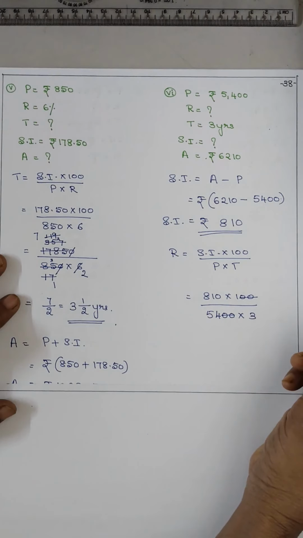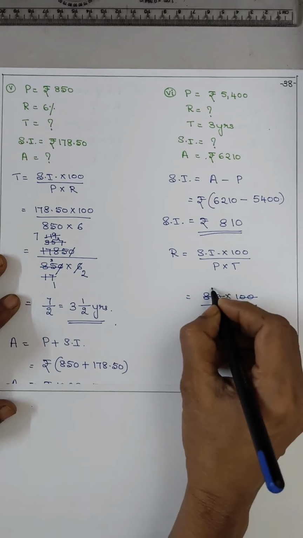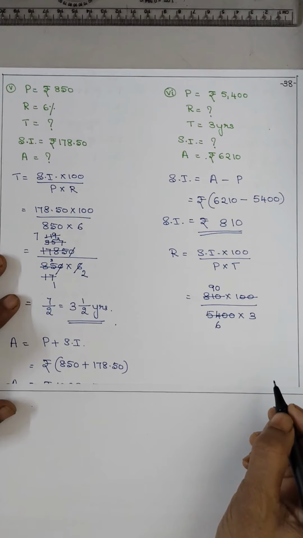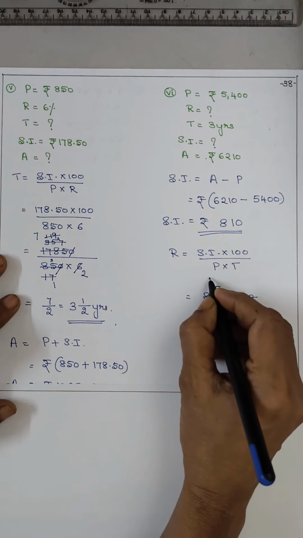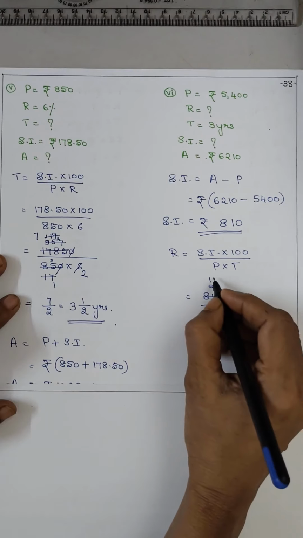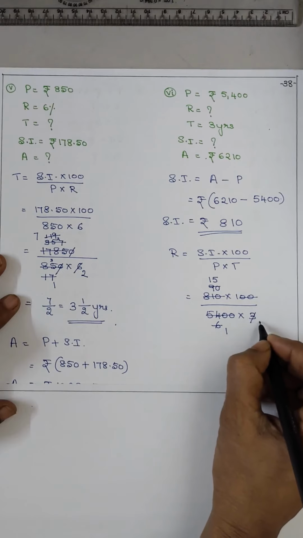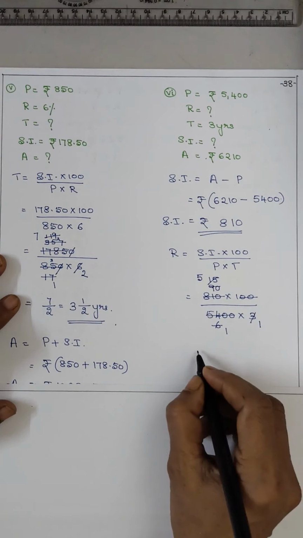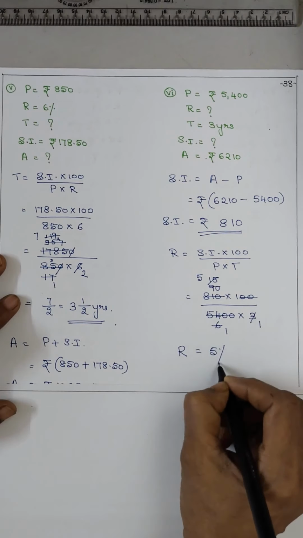Cut the zeros. 9 6s are 54, 9 9s are 81. Now 6 1s are 6, 3 remains, 6 5s are 15, 3 1s are 3, 5s are 15. So you got R is equal to 5%.